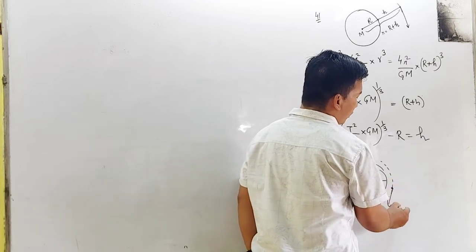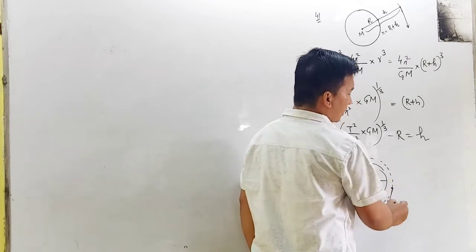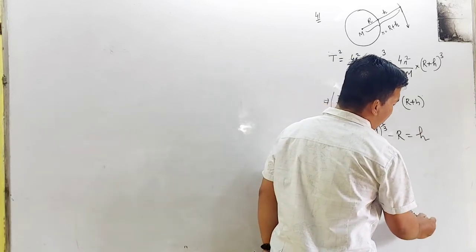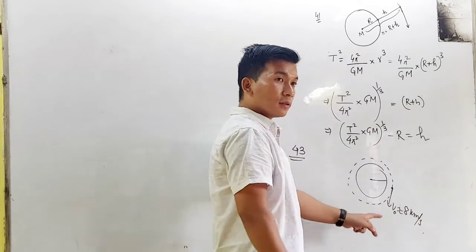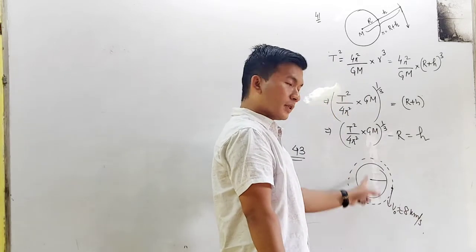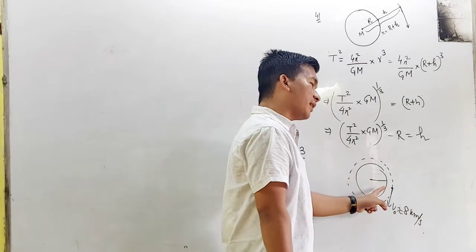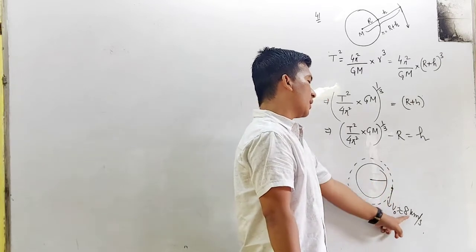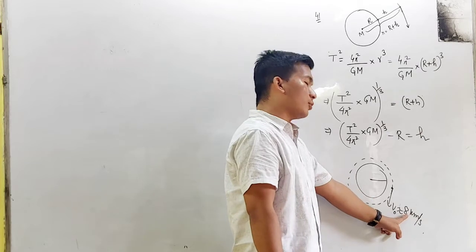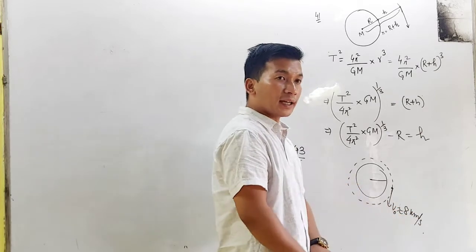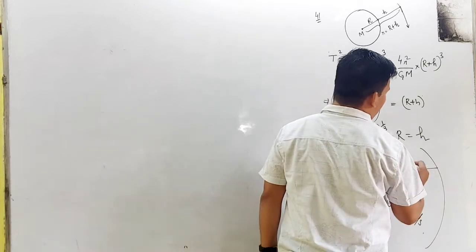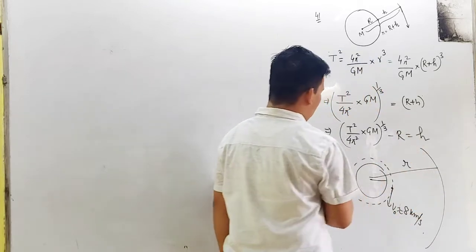The orbital velocity of the satellite will be approximately equal to 8 km per second. Understand, the orbital velocity for any satellite which is just near to the earth surface will be near to 8 km per second. At a particular distance small r, what would be the orbital velocity?